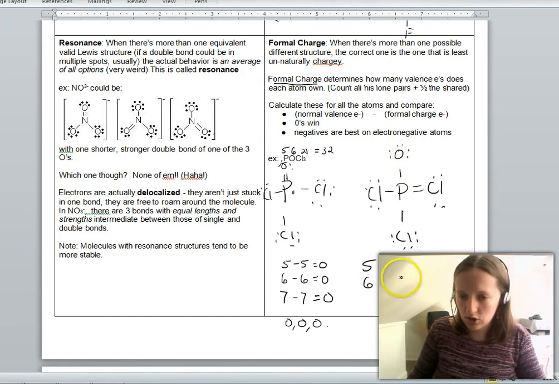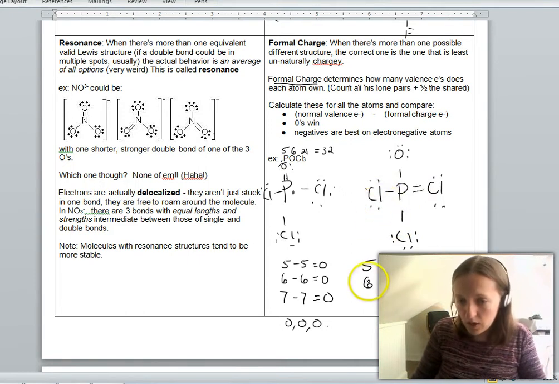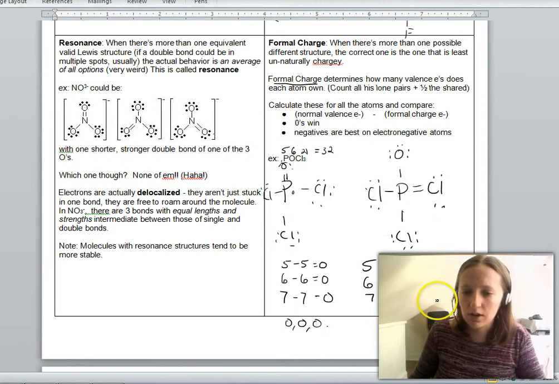So oxygen is showing that he's got an extra electron than normally on his valence electrons. So that's a -1 score for oxygen. For the single bonded chlorines, we've got 7 minus 7 again, so we've got 0, and there's 2 of those, so 0, 0. And then this double bonded chlorine normally has 7, but in fact is showing 1, 2, 3, 4, 5, 6.